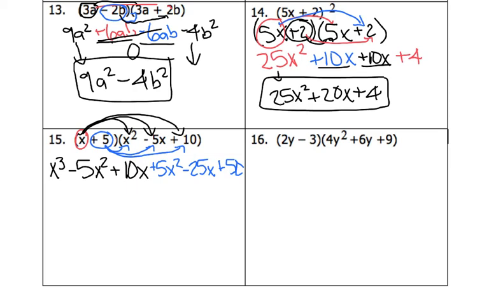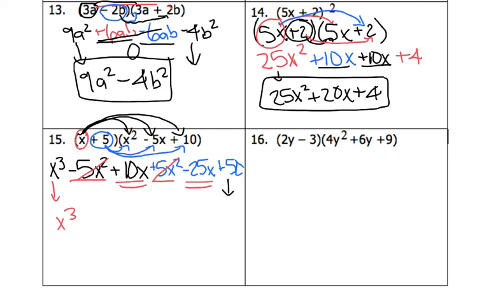Now we have to look to see if we have any like terms to combine. I don't see any more x cubes, so that's going to come down. Do you have any x squares? Sure do. Do you have any just regular x's? I sure do. And notice nothing is going to go with that positive 50, so I'd be bringing that down. So negative 5x squared plus 5x squared, well, coincidentally, those actually cancel each other out to 0.